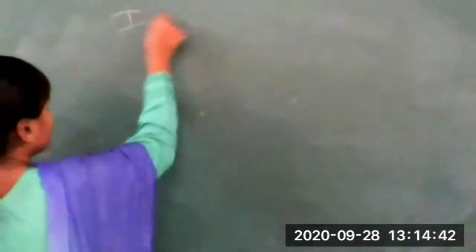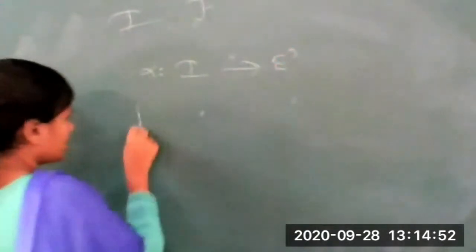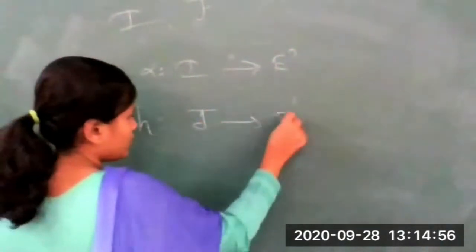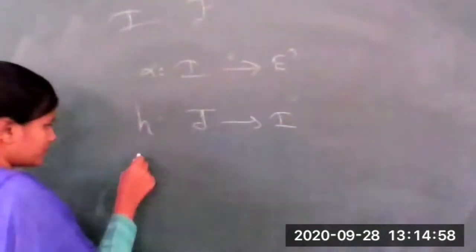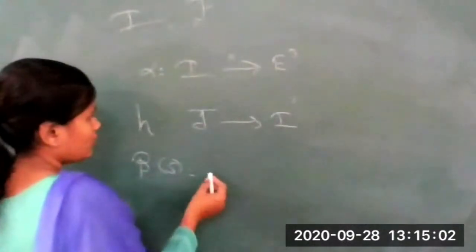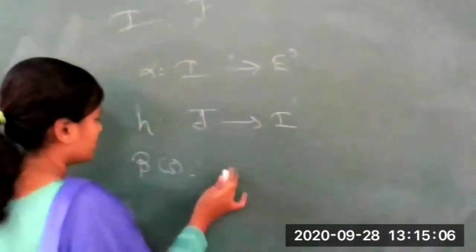For this, we have two open intervals I and J. Let curve alpha be a function from the open interval I to E3. And we have some function h which is from J to I. So the new reparameterization, beta of s, will be a function from J. What is beta of s?